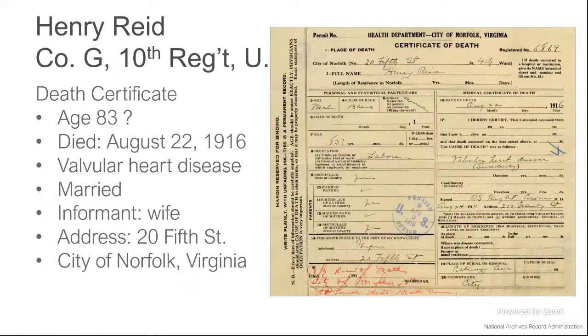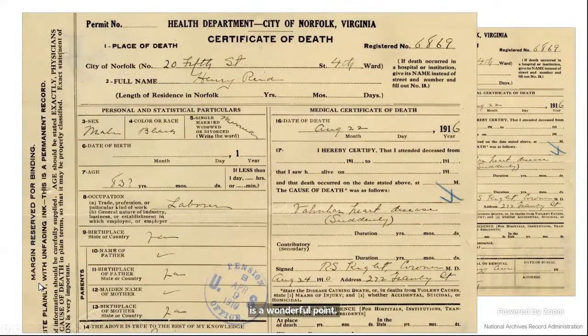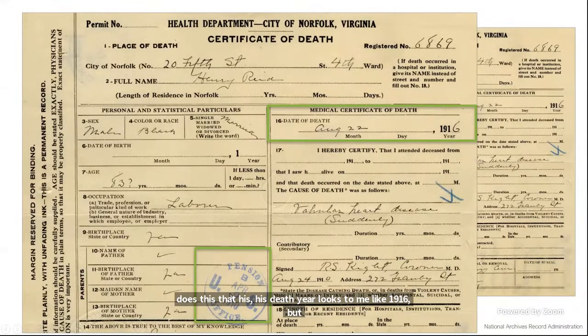Also in there was his death certificate. This is a wonderful find. It's a little odd though. See if you can figure out what's wrong with this. His death year looks to me like 1916, but down here on this stamp, it's stamped by the pension office in 1910.